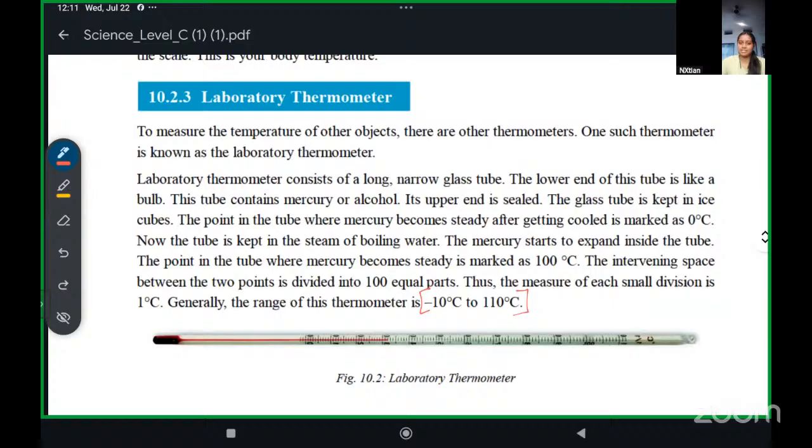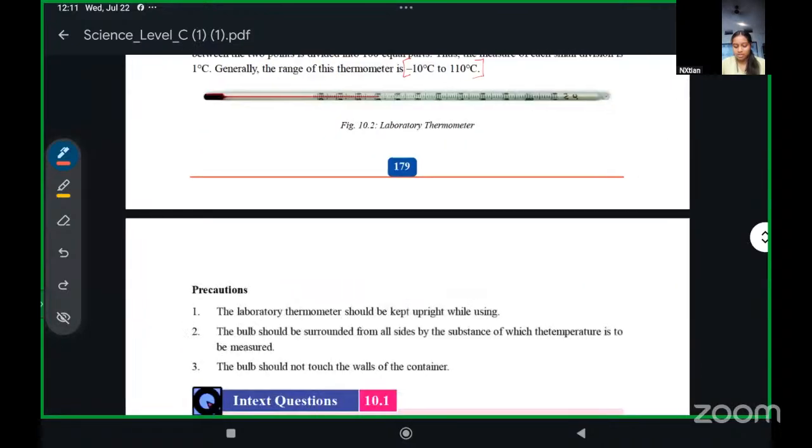If we measure in Celsius with a laboratory thermometer, you can convert it to Fahrenheit. Similarly, if we measure in Fahrenheit, we can convert it to Celsius. So conversion between Fahrenheit and Celsius can take place.